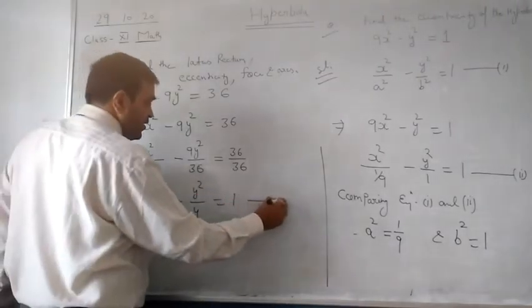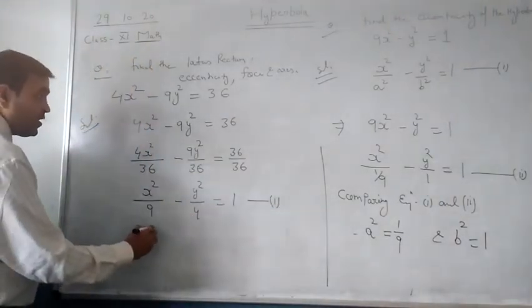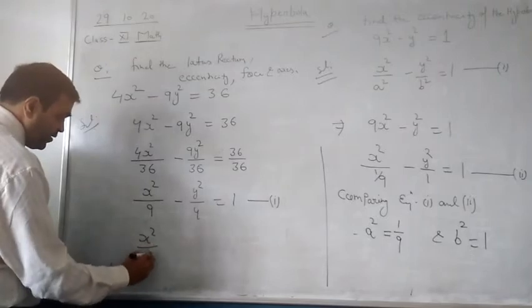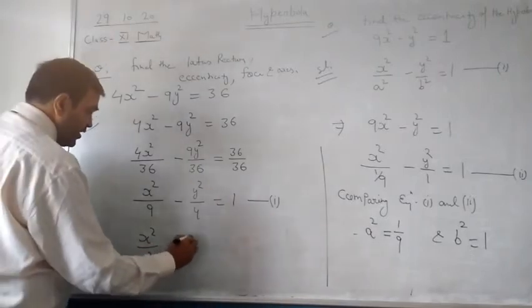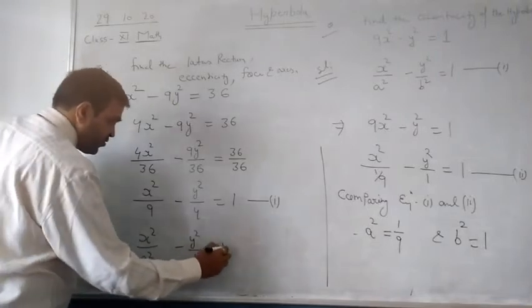This is equation number 1. We know the equation of a hyperbola: x square upon a square minus y square upon b square equals 1.